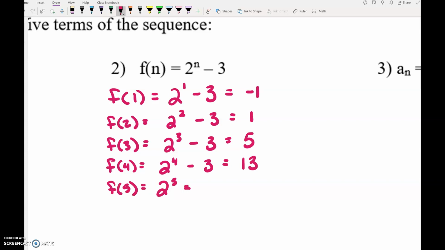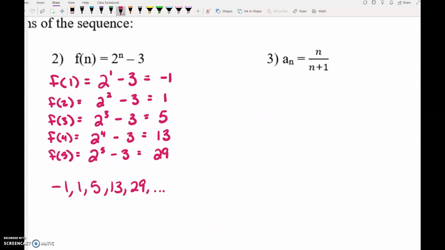And 2 to the fifth is 32. 32 minus 3 is 29. So -1, 1, 5, 13, 29. This sequence, it's a little bit harder to see what the pattern is because using exponents was involved.